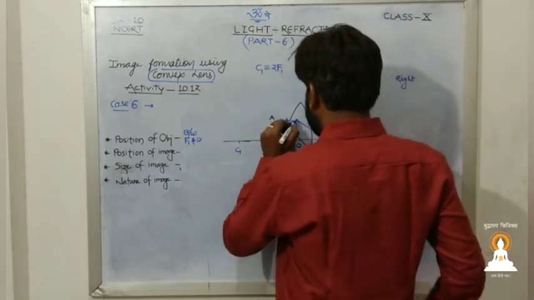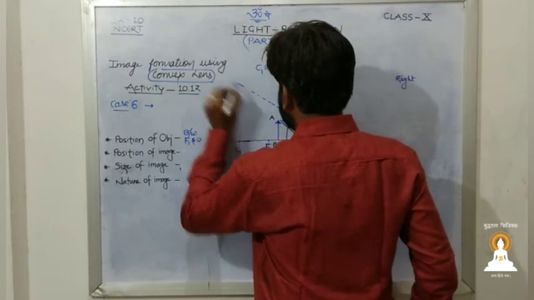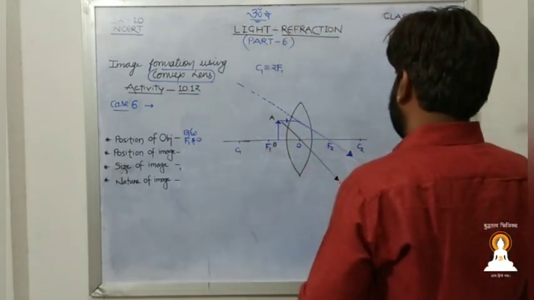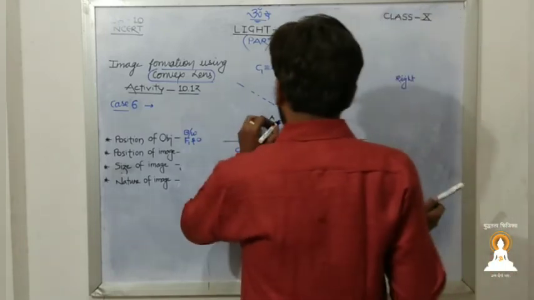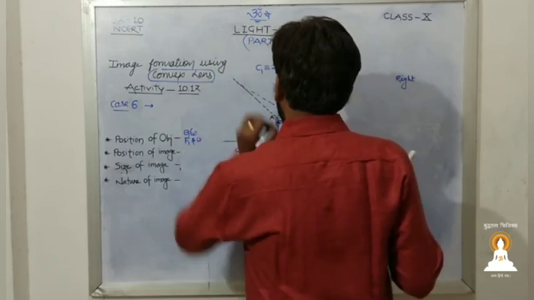When we extend these rays at the back side, this is the incident ray with rule number 1, and this is the incident ray with rule number 2.